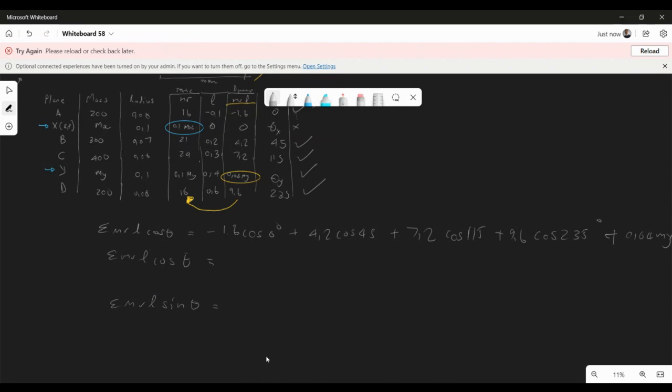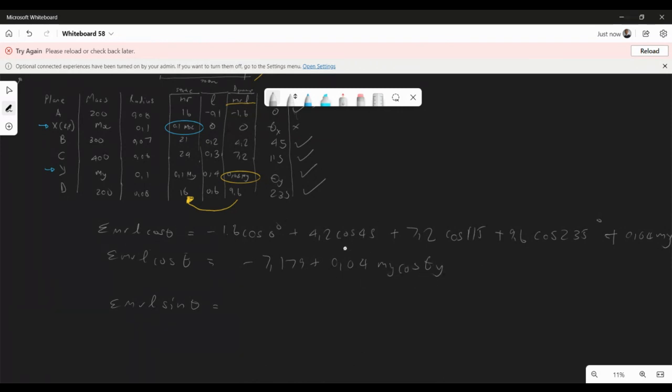So minus 1.6 cos 0 plus 4.2. Yeah, there we go. It's minus 7.179. So minus 7.179 plus 0.04 my cos that angle.